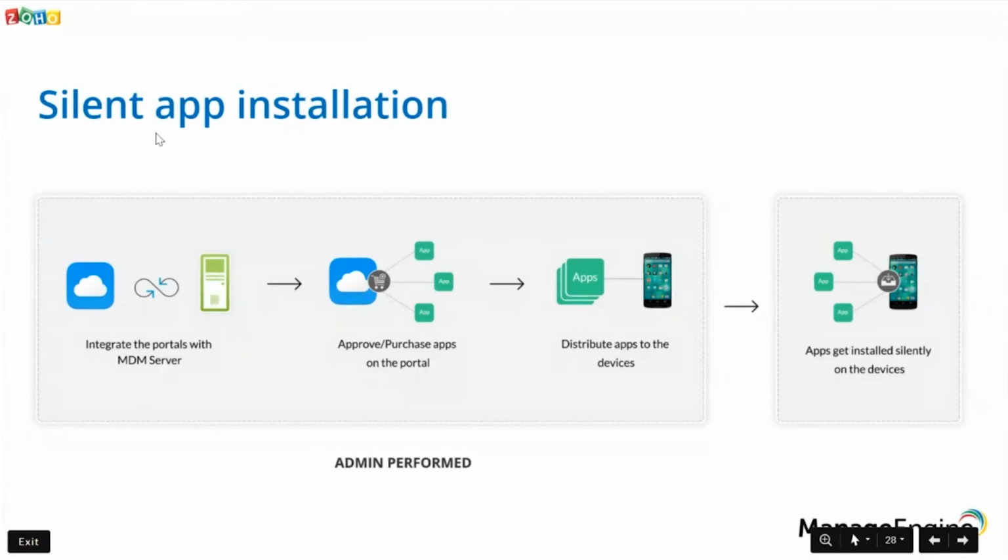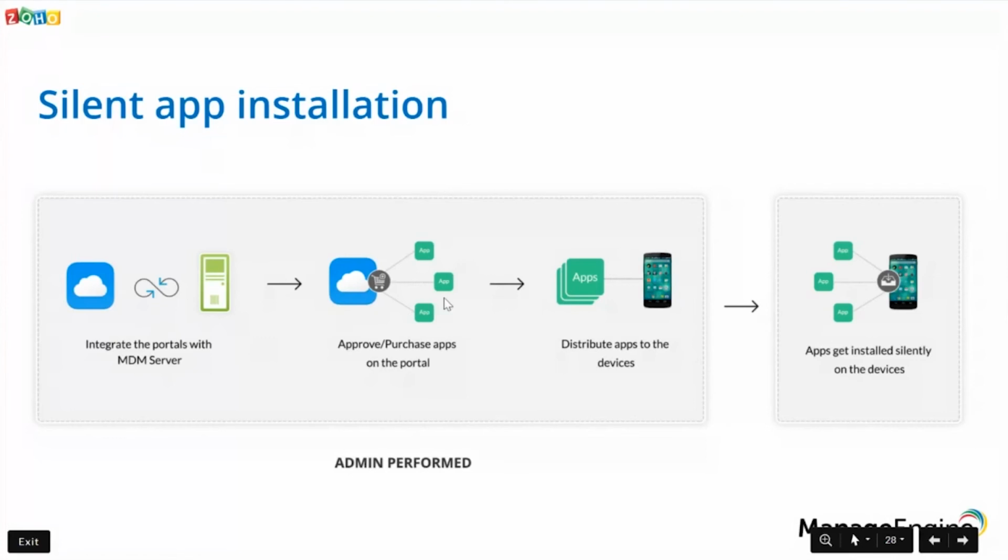Let's get to the workflow of silent app installation. So the first step is to integrate the portals. That is your Apple Business Manager portal or your Managed Google Play portal along with the MDM server. After this integration is done, you will have to approve or purchase apps on the respective portals.